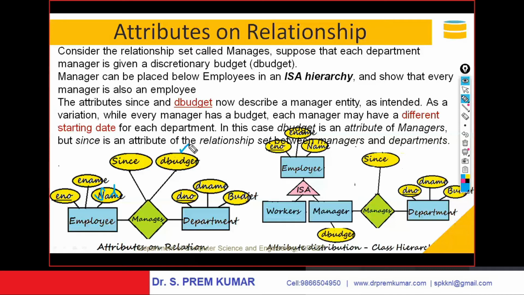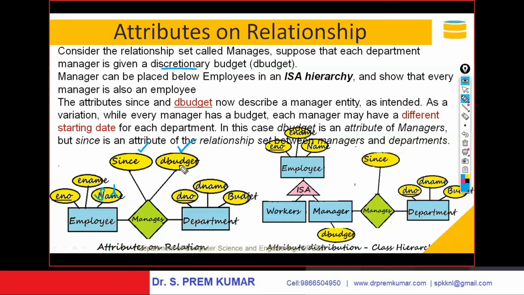D budget means a discretionary budget. Discretionary budget means this budget is to be spent by the managers of the department for the welfare of the department. They will fix a date, from 2001 January 1st to December 31st, 2020. So they will fix some period. In that period, for the welfare of the department, the managers need to spend the budget.